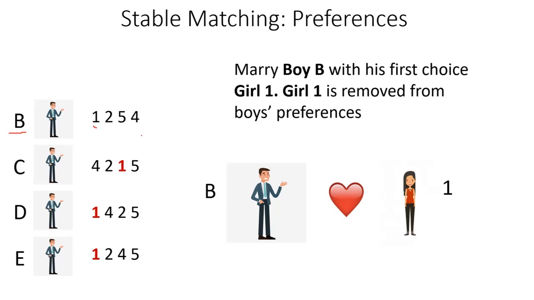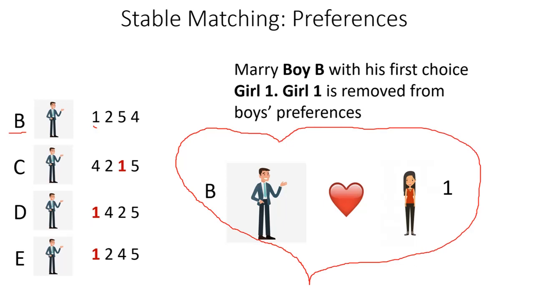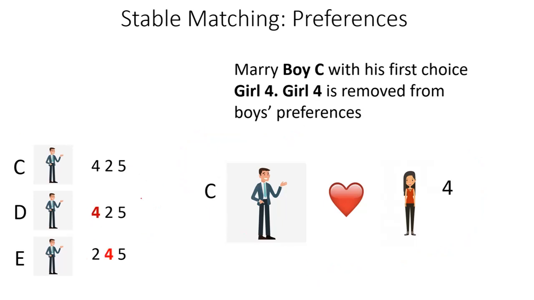He goes to girl number 1 and makes an offer. At that time, girl number 1 doesn't have any other offers, so she accepts that offer, and they get married. And of course, we need to remove girl 1 from other preference lists and move on to the next boy.